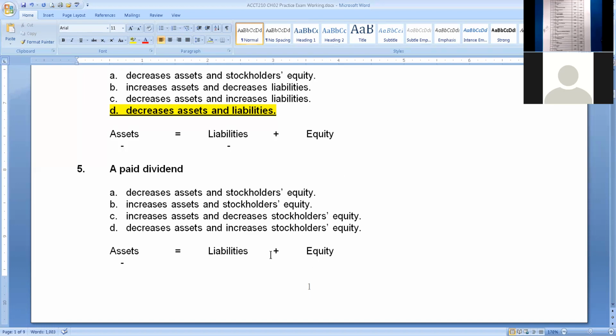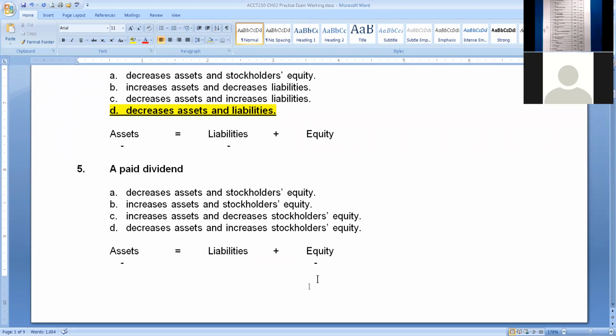It has to go down because they need to balance. Exactly. If this side decreases, and nothing else happens over here, then something over here has to. In this case, it's the equity section. So the equity section will be going down.